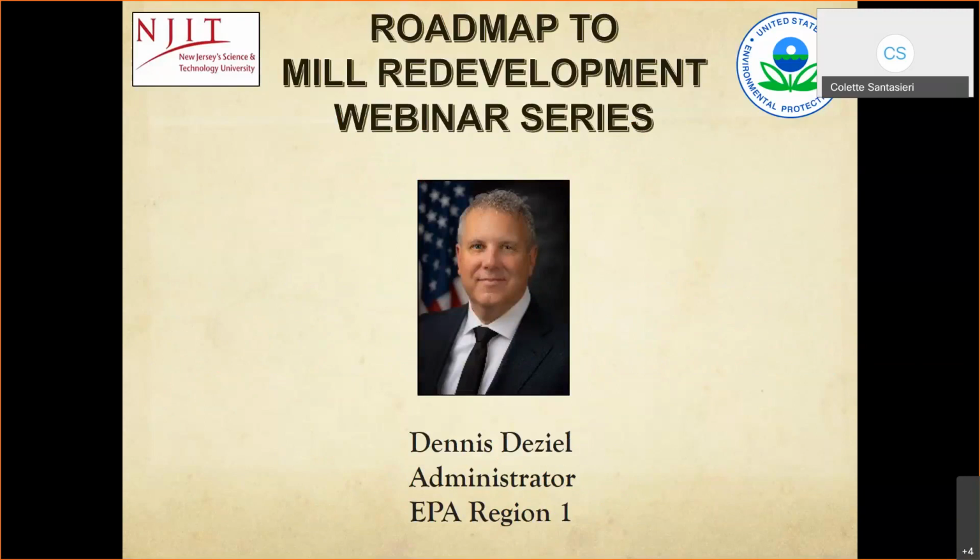Now to hear more about the great work that EPA is doing, it is my honor to introduce Dennis Diesel, Administrator of EPA Region 1. Dennis is a New Hampshire native who has spent much of his life working in the nation's capital and joined EPA having worked for over 20 years on energy, environment, and homeland security matters in the federal government.